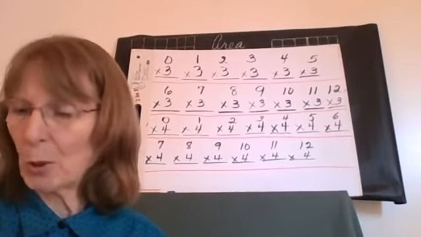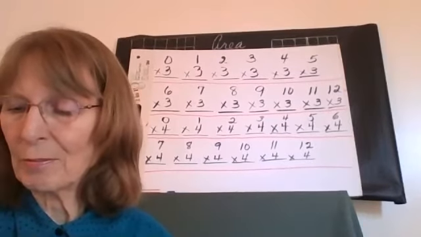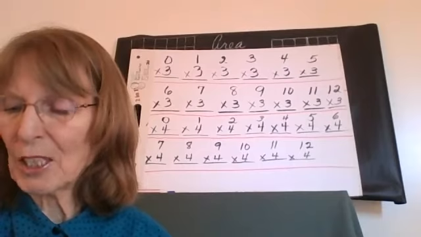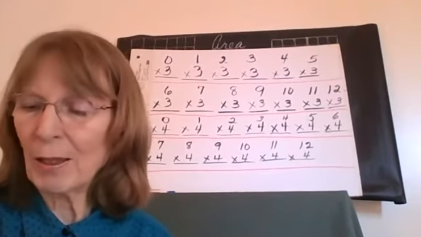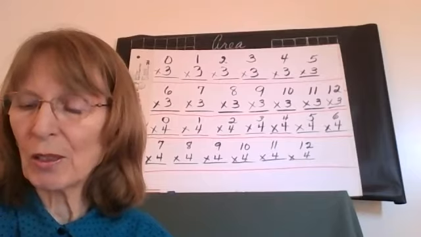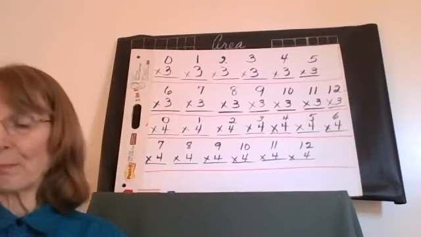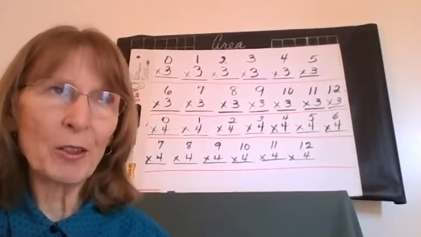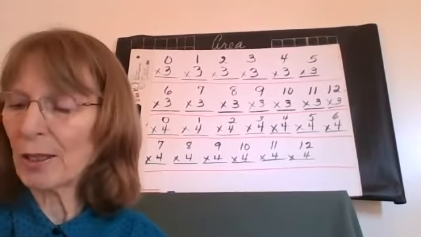That's right, put a comma. Did you put a placeholder in the hundreds place? 11,040. Okay, C. 9,200. 9,200.